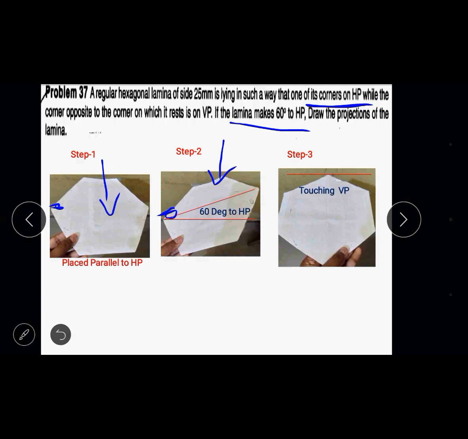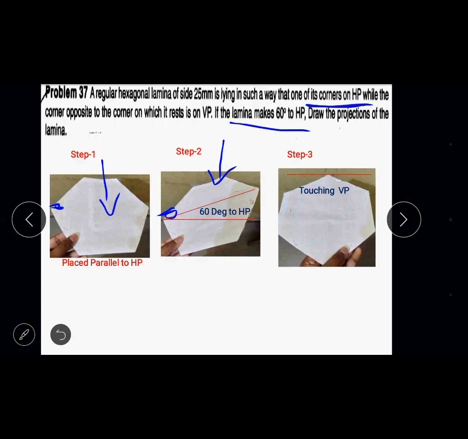Step 1 and step 2 are both similar in dimension. You are just taking the front view of step 1 and taking step 2 with an angle of 60 degrees. So in step 2, the front view of the lamina is a 60 degree line. This completes the HP inclination.